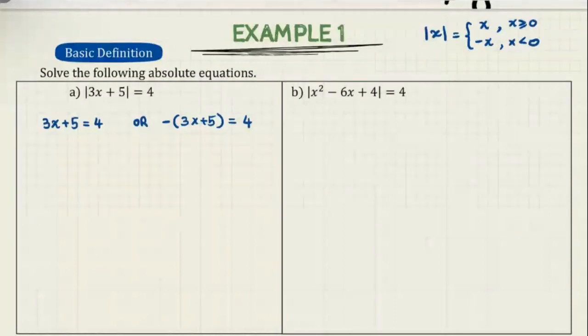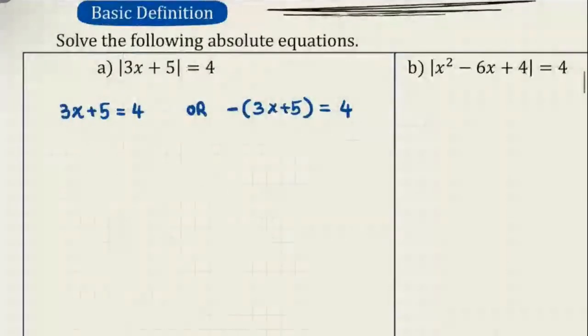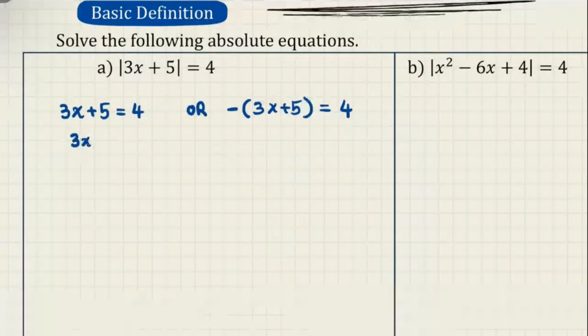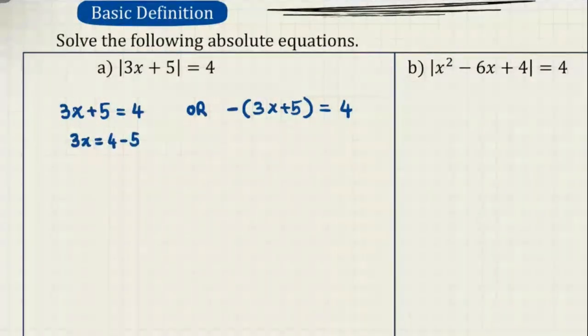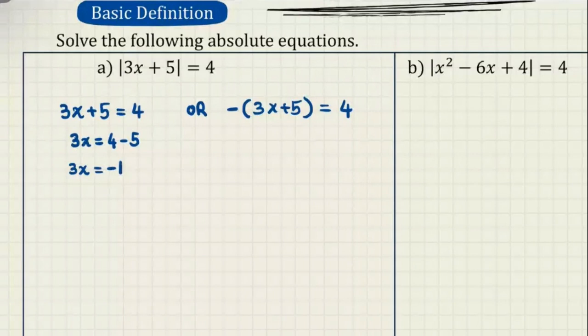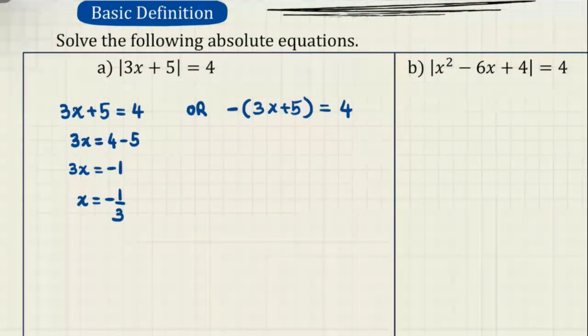So untuk the first one here, I'm going to write 3x equals to 4 minus 5, and our 3x will be equals to negative 1. And finally, kita pindahkan 3 to the right hand side. So dia akan jadi bahagi. So x will be equals to negative 1 over 3. So this will be the first answers untuk positive values lah.